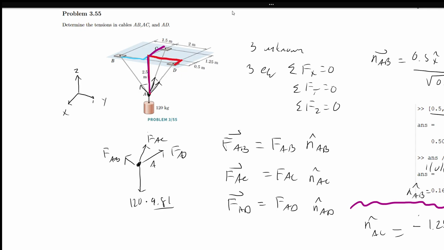Alright, and then divided by minus 1.25 squared plus 2.5 squared. Five, 0, 2.5.